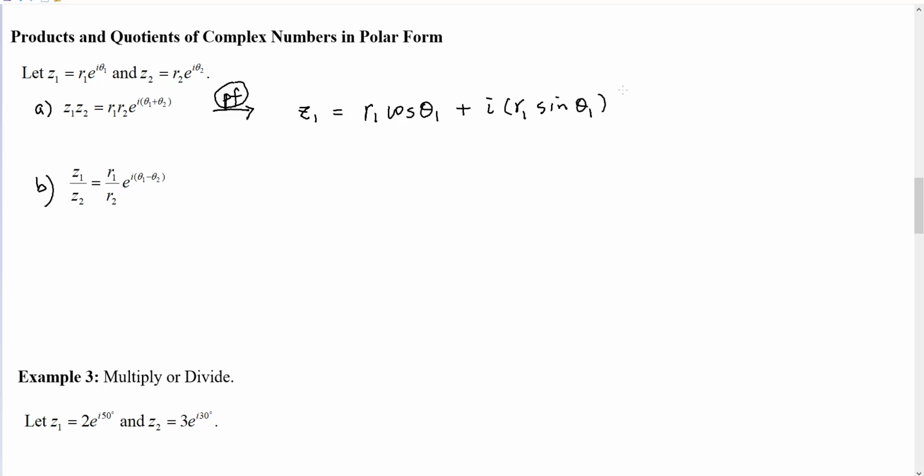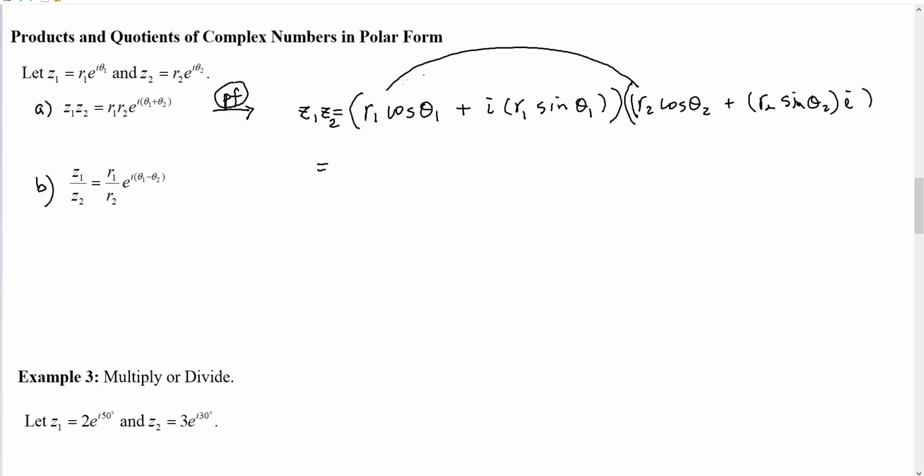And now you're multiplying this times Z2. Z2 is R2 cosine theta 2 plus R2 sine theta 2 times I. If you multiply this times this, distributing right here, I have R1 R2 cosine theta 1 cosine theta 2.